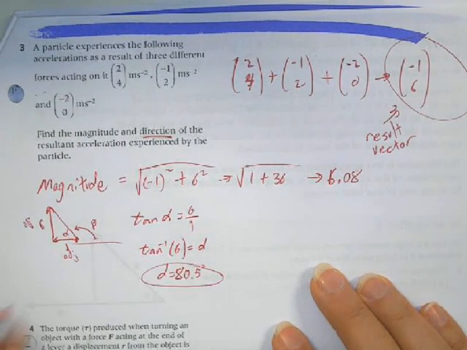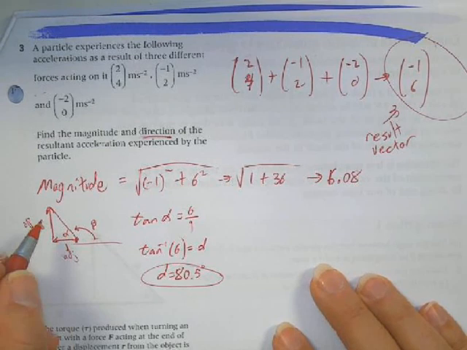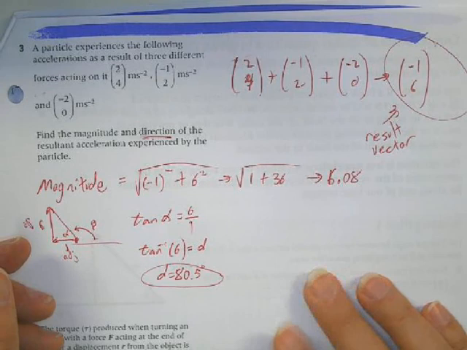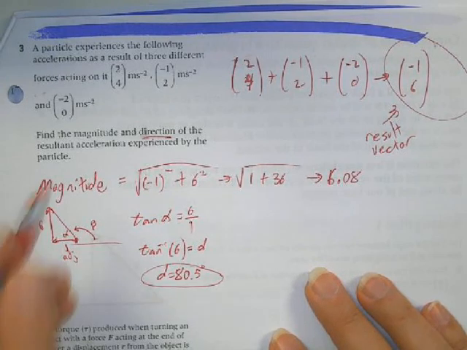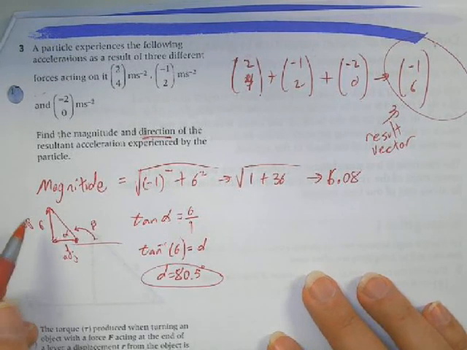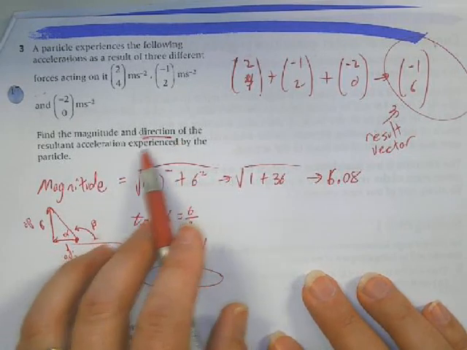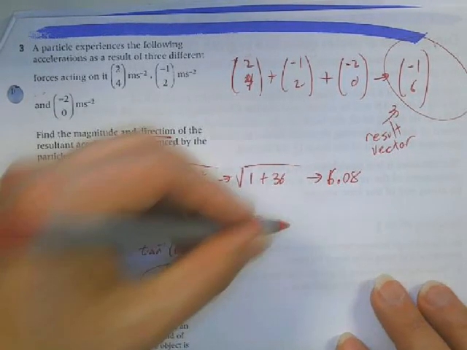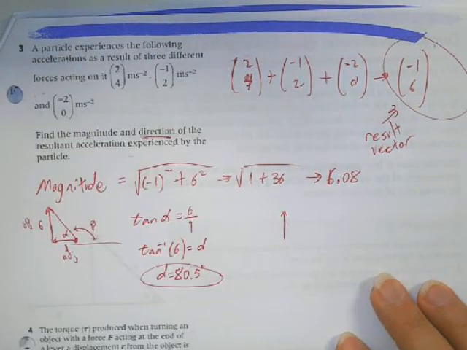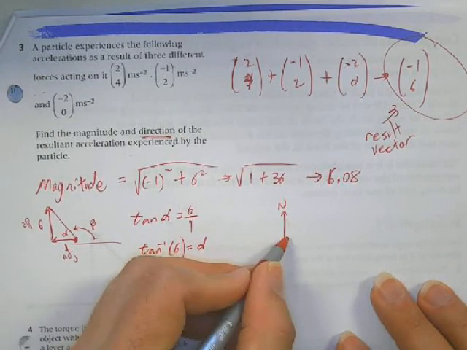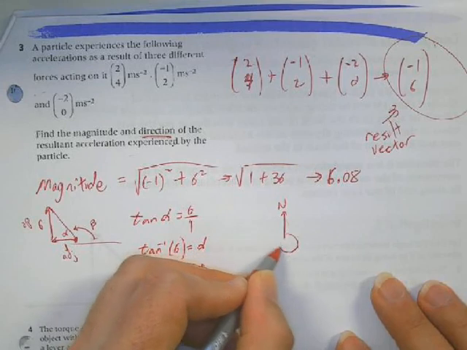So now to figure out this angle here, the direction. So if this is north, right? And I'm going all the way to here.